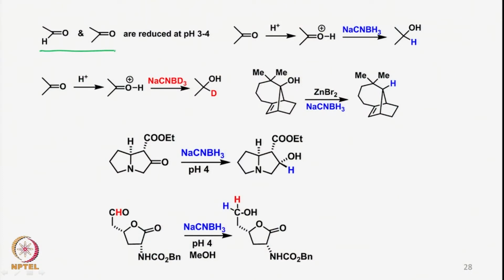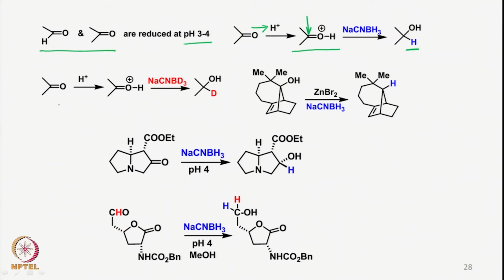Since it is stable up to pH 3 to 4, we can add acid, where the carbonyl group gets protonated to form the corresponding oxonium ion, which is fairly electrophilic, to which sodium cyanoborohydride then reacts, the hydrogen is transferred as a hydride and the corresponding alcohol is formed.